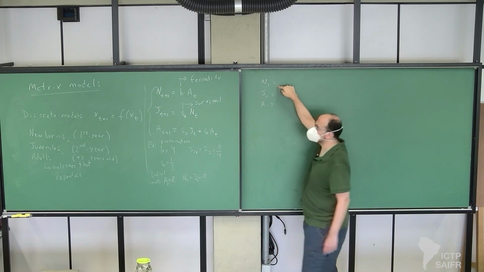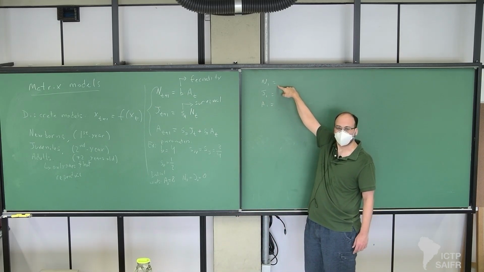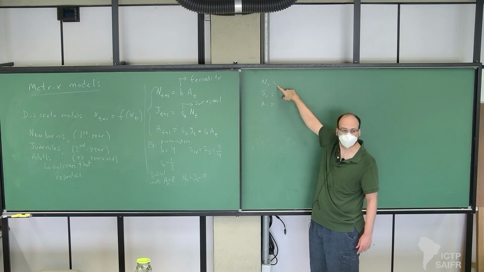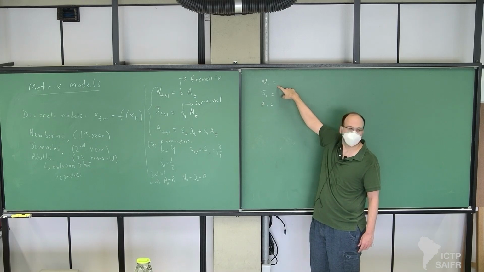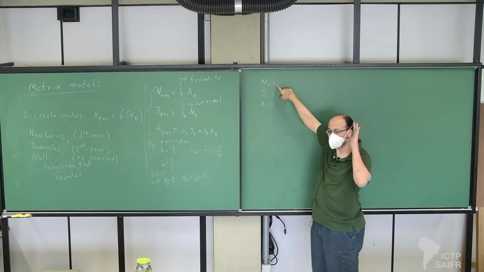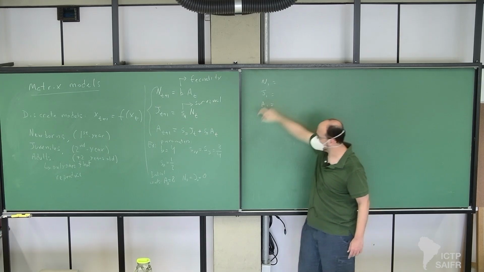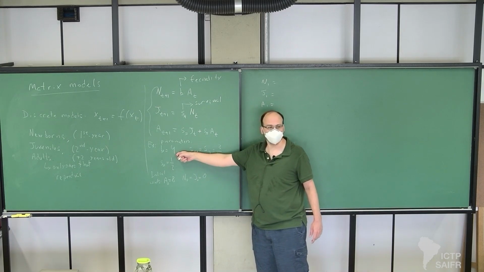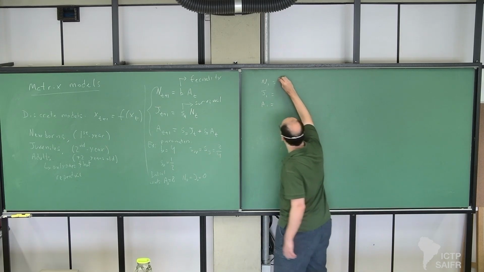N1 is how many newborns I have in the next year. 32, right? I have 8 adults, and each of them will have 4 newborns, so I have 32 here.